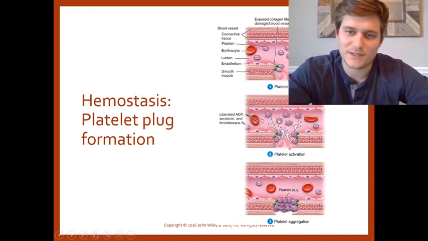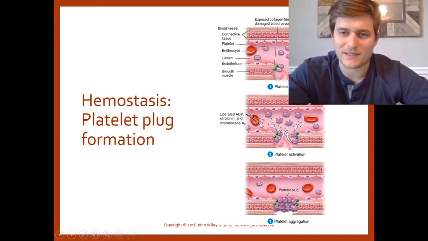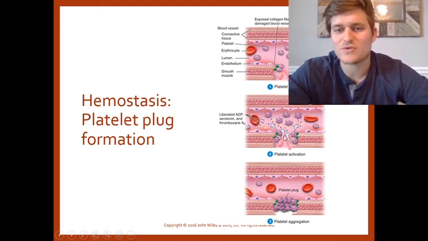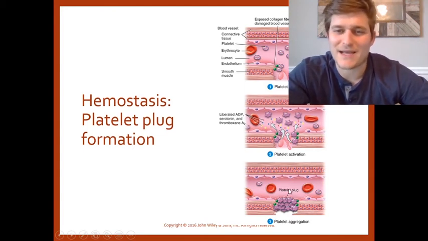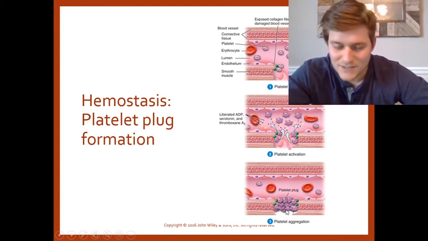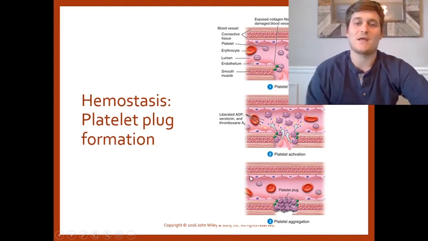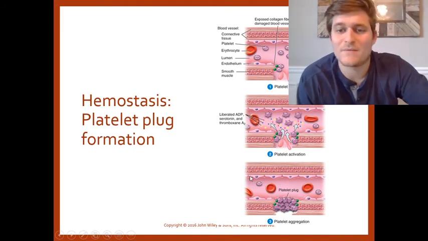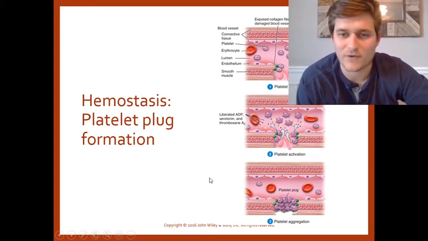And they're going to release these chemicals into the bloodstream. And what that's going to do is activate other platelets that are coming along and lead to a shape change. And eventually, things like thromboxane A2 are going to promote the adhesion of more platelets to the site of the damage. And eventually those platelets will aggregate and form this platelet plug, which helps stop the bleeding from this damaged vessel.